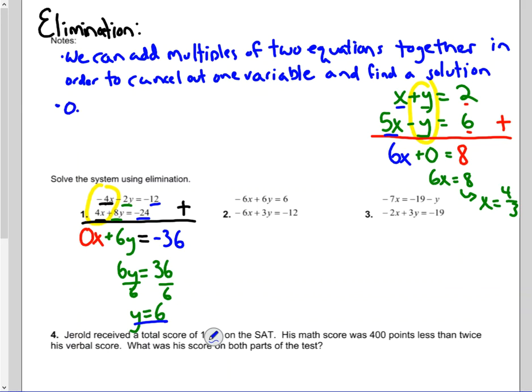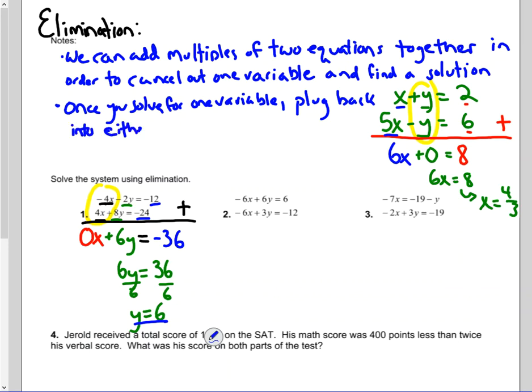So once you solve for one variable, plug that value back into either of the original, the OG equations for that second value, for the second variable value.